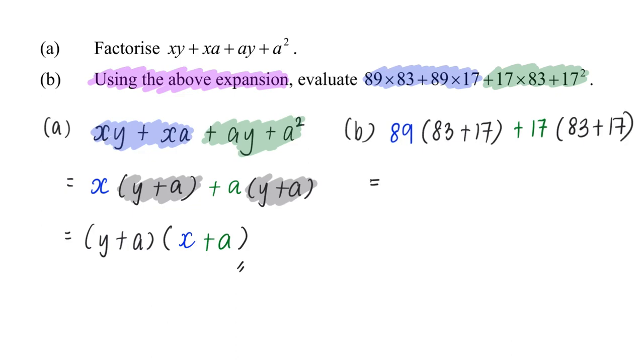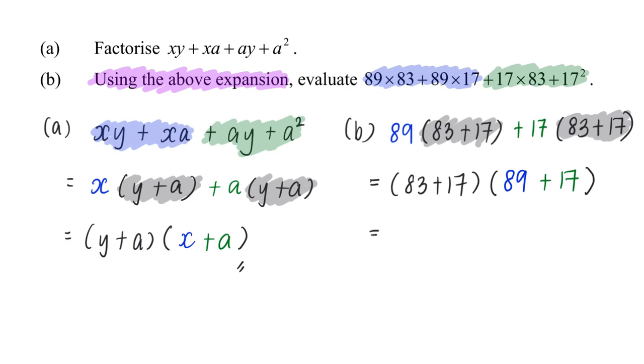So you can then see that this 83 plus 17 will be as such, and I'm left with 89 plus 17, which is in the same vein as part A, factorization, right?